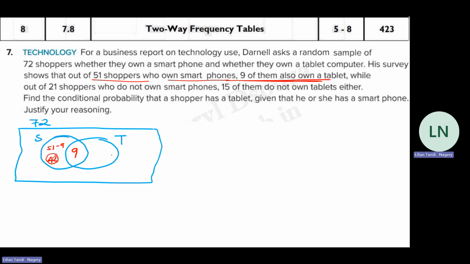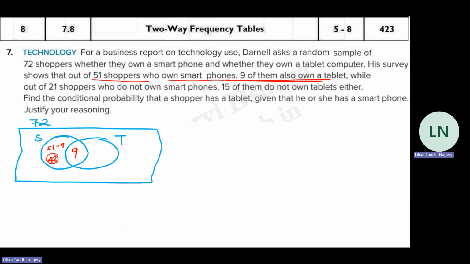While out of the 21 shoppers who do not own smartphones, so that means they own tablets. So here I will do 21 minus 9. No, let me read first before I make that conclusion. Okay.